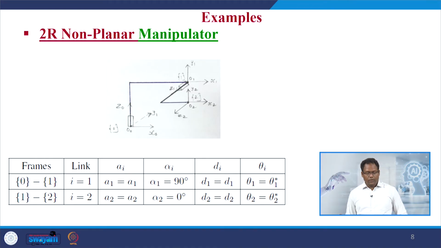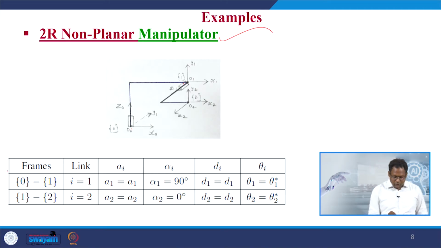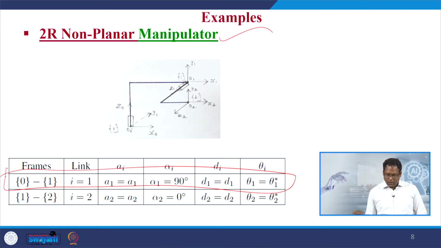Now, coming to the example of robot manipulators towards the forward kinematics, we first take a 2 revolute jointed non-planar robotic system. From the 0 to 1 frame we can have the first row of the DH table, and from the 1 to 2 frames we can have the second row of the DH table.